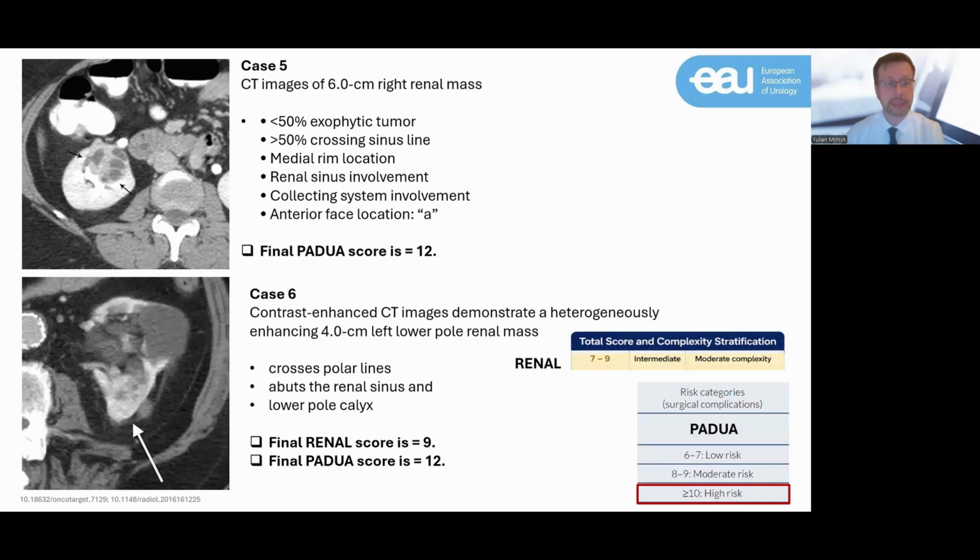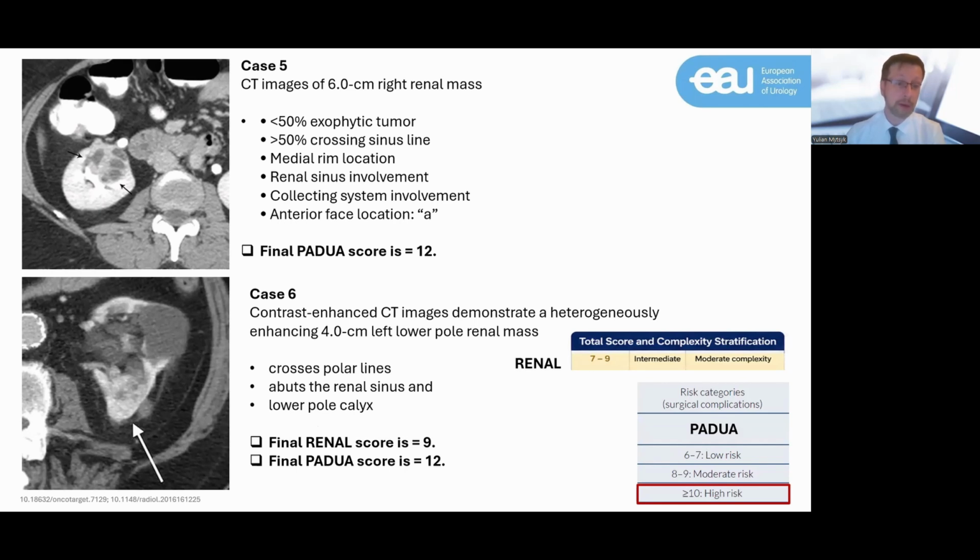And case number 6, the contrast enhanced CT image demonstrates a heterogeneously enhancing 4-centimeter tumor of the left lower pole of the left kidney, which crosses the polar lines, abuts the renal sinus and the lower pole calyx.